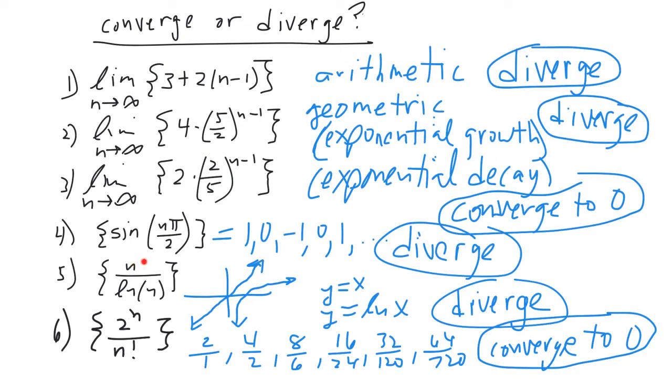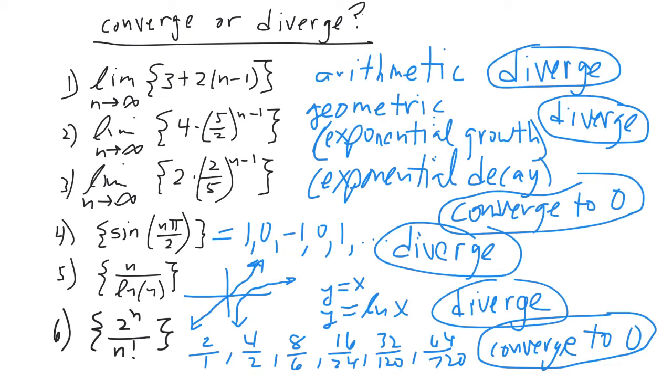So it's going to grow much faster, and your fraction will get way top-heavy and head towards infinity, so that's divergent. If this had been flipped upside down, then it would have converged to 0. And maybe you can see that a lot of these converge to 0, but not all the time.